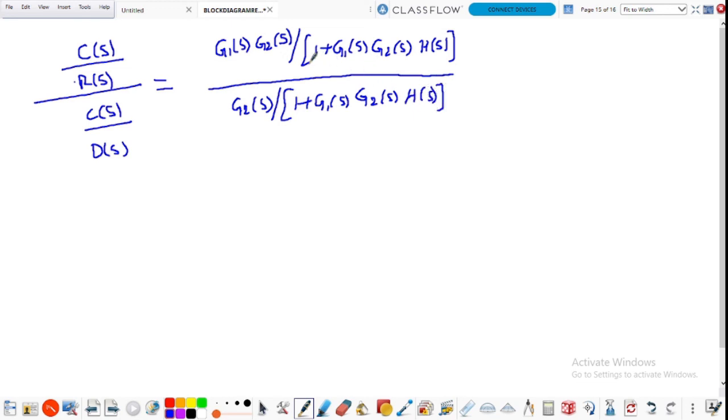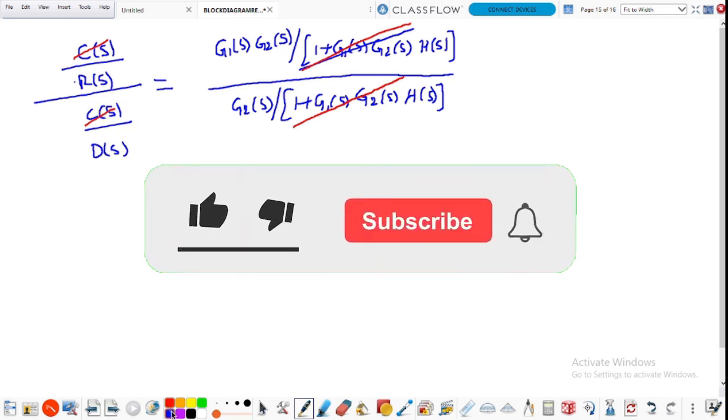So numerator and denominator on the RHS side, 1 plus G1 of S, G2 of S, H of S, is cancelled. And on the LHS side, numerator and denominator C of S is cancelled. We get 1 divided by D of S, which is coming to the numerator.